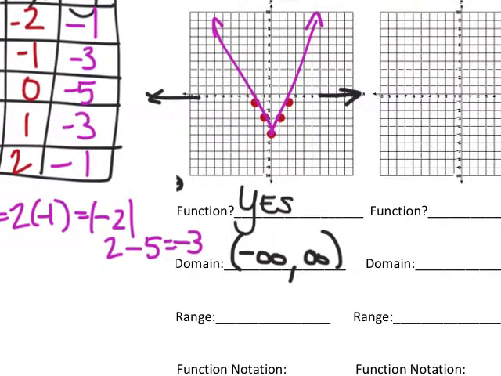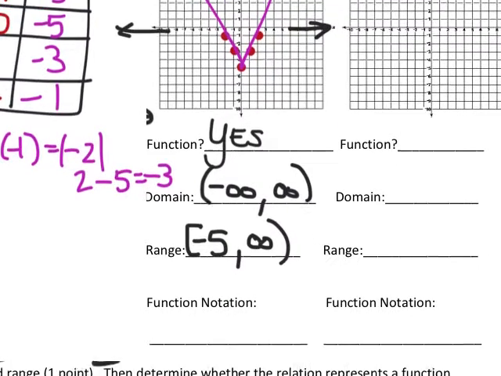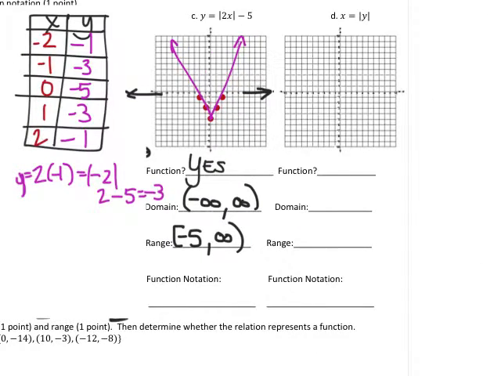The range, however, has a minimum, and it includes this negative 5, but it will go for infinity upwards. Okay, so there's our range for this. And the function notation, since it is a function, we'll write it as a function of x equals the absolute value of 2x minus 5.